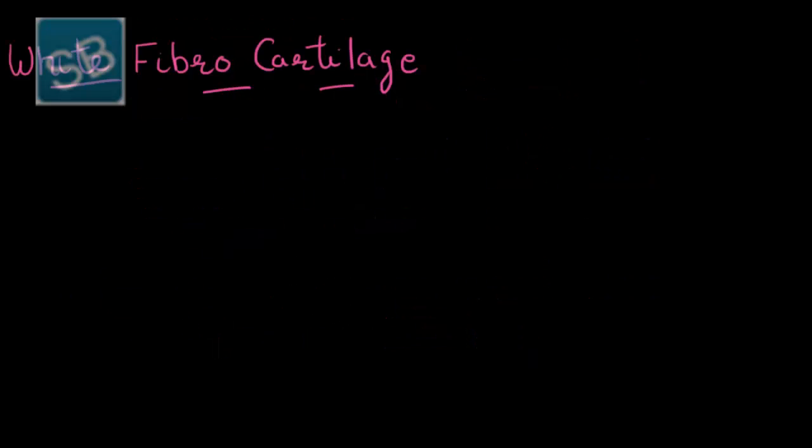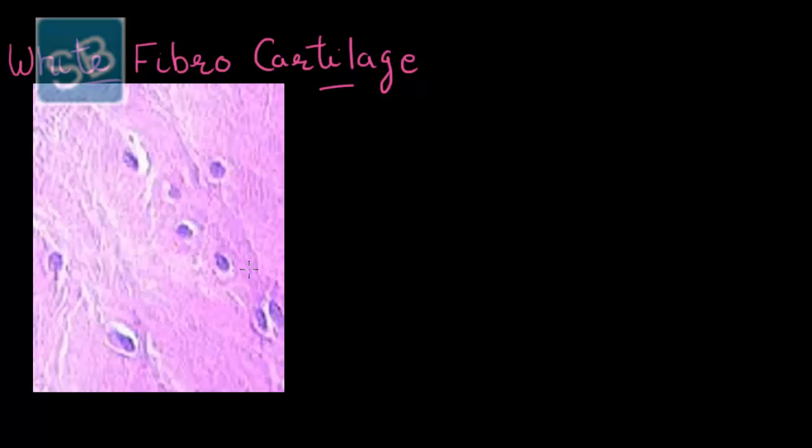Now let us start with another type of cartilage tissue, that is white fibrocartilage. This figure represents the photographic microscopic view of white fibrocartilage. Here the cells represented in blue are chondrocyte cells that secrete the matrix, creating white fibers, that is collagen.